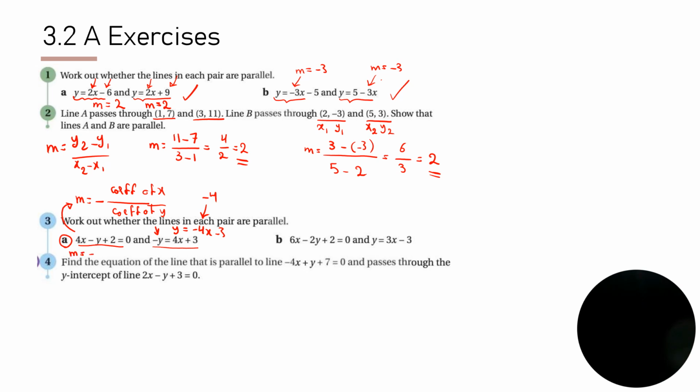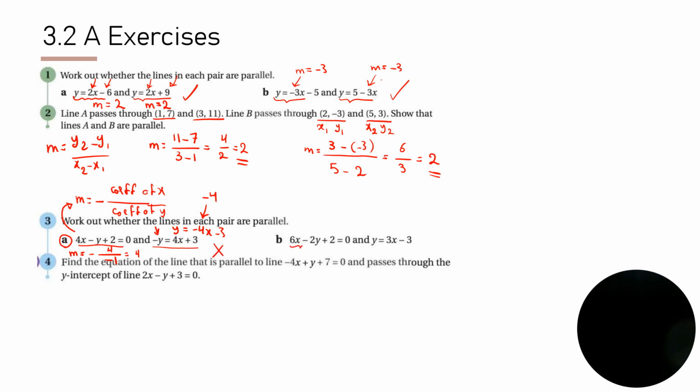In this case, we can say m is equal to negative, okay, the coefficient of x is 4, the coefficient of y is -1. Therefore, the slope is just 4. So, okay, one of the lines has the slope 4. The second one has the slope -4. The slopes are not equal, therefore the lines are not parallel.